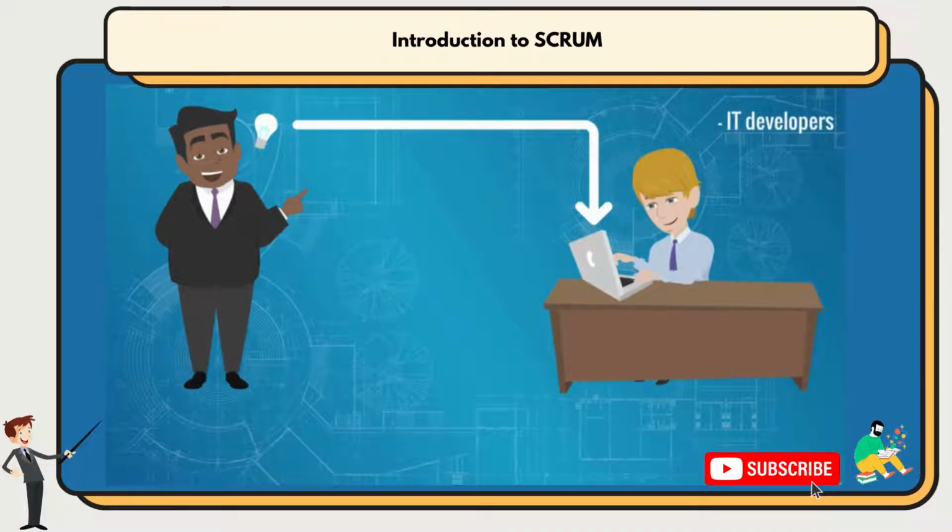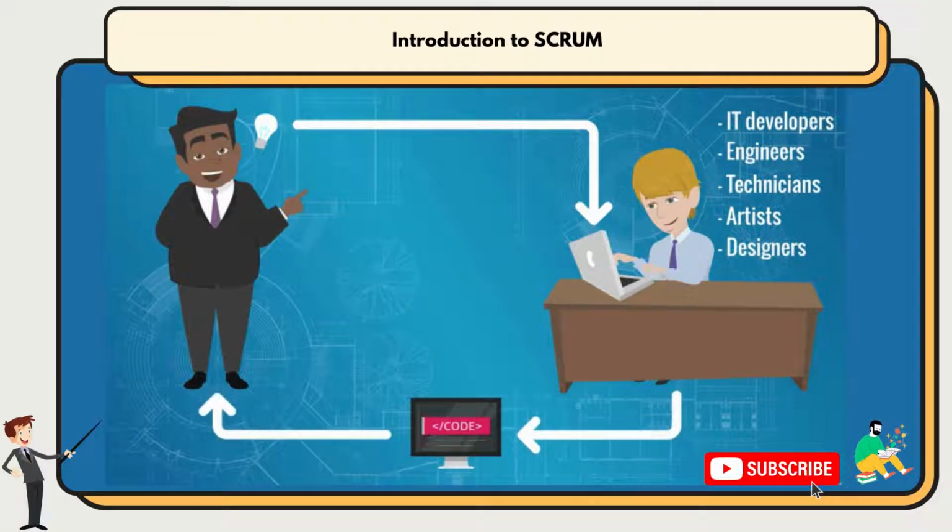These can be IT developers, engineers, technicians, artists, designers, or other experts who will be building or manufacturing the product. Working without fixed requirements creates difficulties also on their side. The technology itself. It always includes uncertainties, which sometimes may create a bad surprise for a project manager.